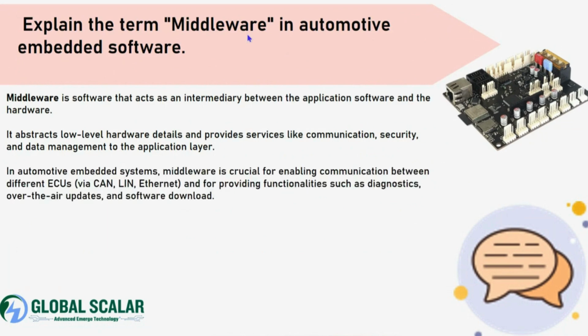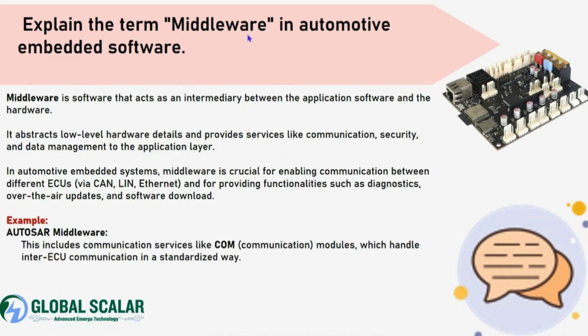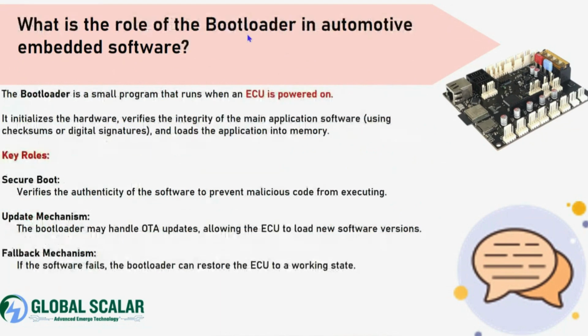In automotive embedded software systems, middleware is crucial for enabling communication between different ECUs via CAN, LIN, and Ethernet protocols, and for providing functionalities such as diagnostics, over-the-air updates, and software downloads. An example is the AUTOSAR middleware. This includes communication services, modules that handle inter-ECU and intra-ECU communication in a standardized way.